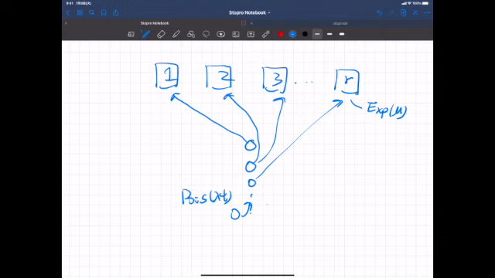And there are R servers. The number of customers, including those that are being served, is represented by this random variable N(t), which can take integer values, including 0.